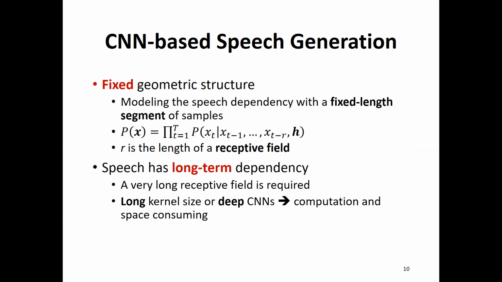To model a very long-term dependence of speech, a very long receptive field is required, and it can be achieved by a large kernel size or deep CNNs. However, computation and space requirements are also much increased. Therefore, the main challenge of the CNN-based models is an efficient way to increase the receptive field length.